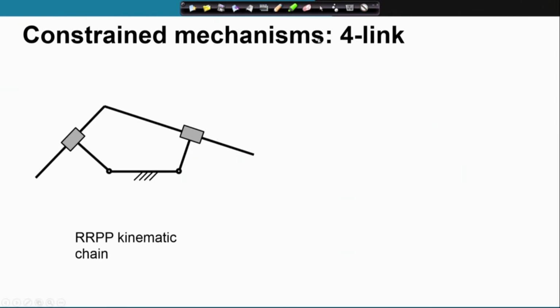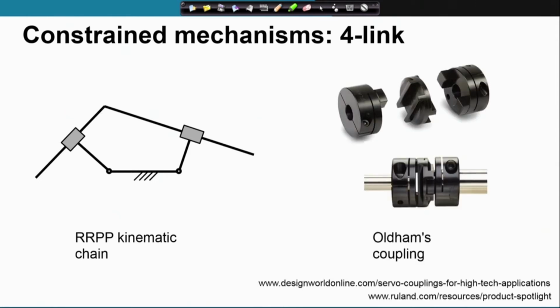An application of RRPP kinematic chain, this is the Oldham's coupling. This is used to connect two parallel non-collinear shafts. So, two parallel non-collinear shafts. Let me mark out. So, this is one shaft which is this one, let us say.